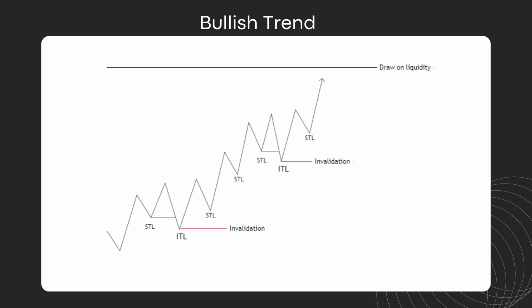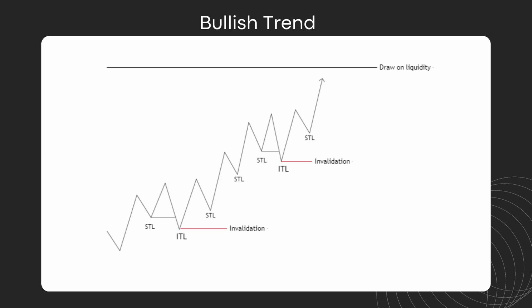A protected low or an intermediate term low, or a protected high or intermediate term high, are basically swing points which form after rejection below highs and lows, in either a bullish trend or bearish trend, right? And they've got two short-term highs and lows to its opposite side, and that is why we call these types of swing points intermediate term lows or highs, right?